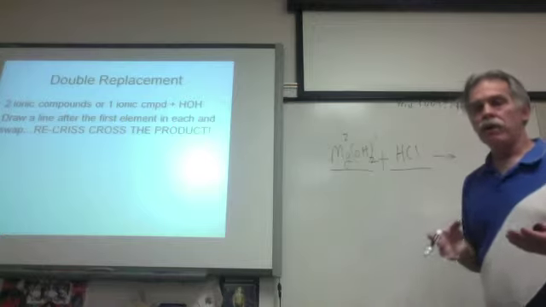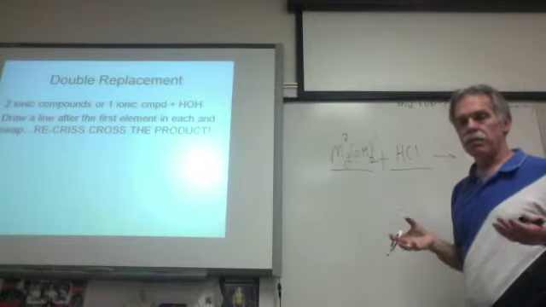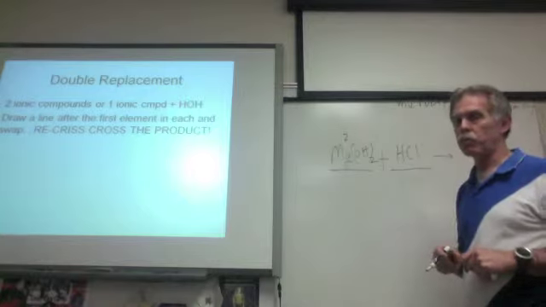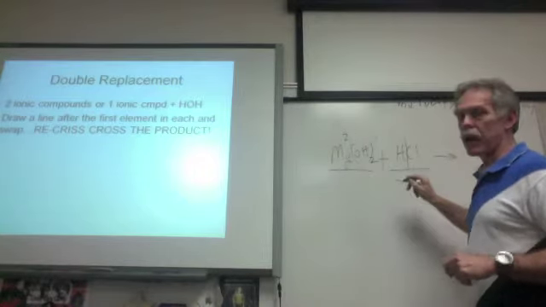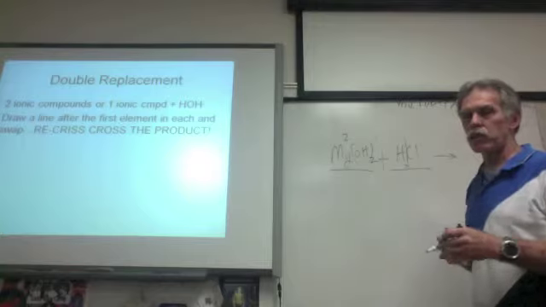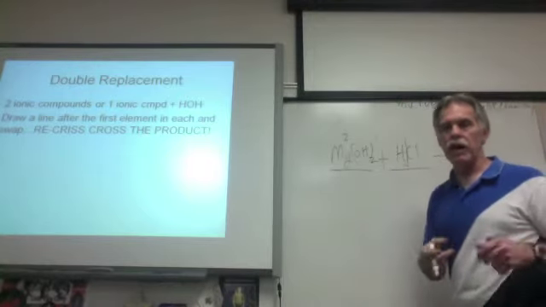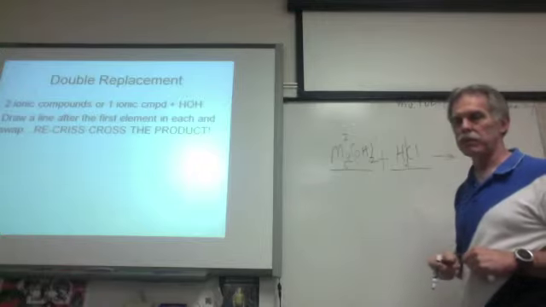So we have 2 ionic compounds on the left. Chances are really good it's going to be a double replacement. Now, when I say ionic, keep in mind that some acids are really just very polar molecular, but acids function like ionic compounds for this case.